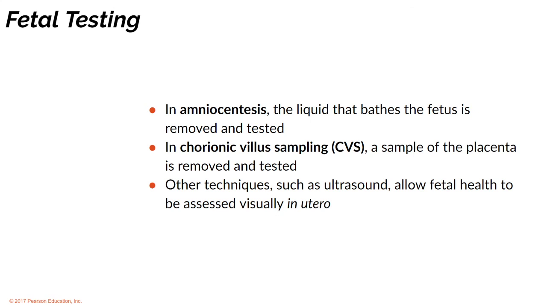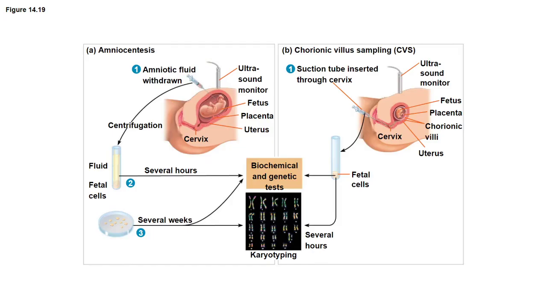All right. There are also a number of tests that can be done on fetuses to determine whether or not they will experience given diseases. So you can sample fluid from the amniotic fluid or from the villi and the cervix, and both of those will allow you to karyotype to get the genetics of the child.